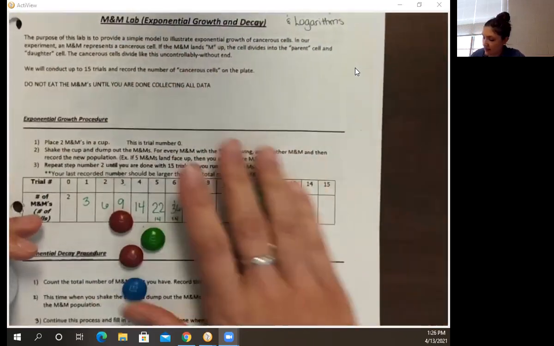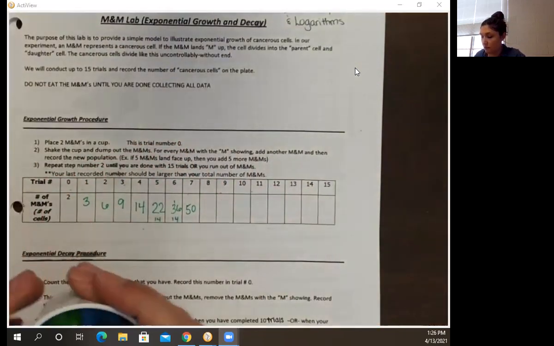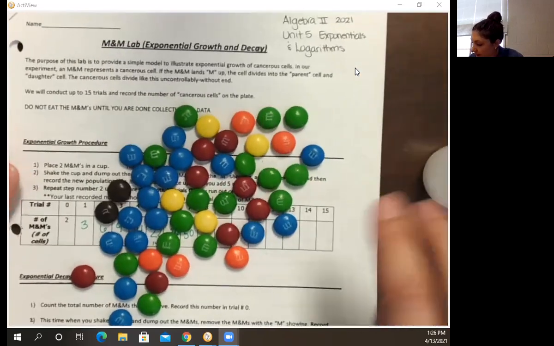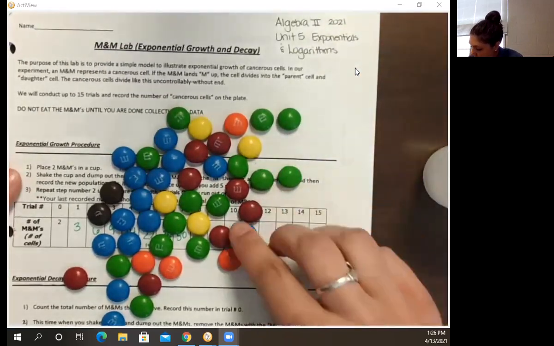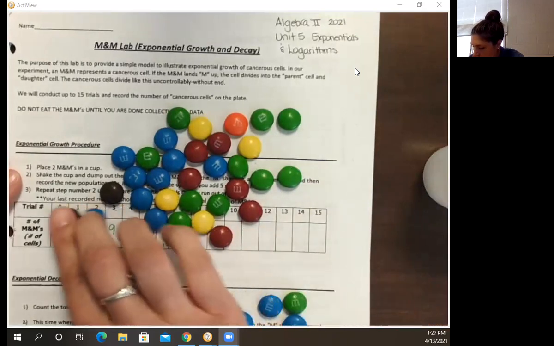All of these back into my cup. And again, we'll sort out our M's. I think this might be our last trial.